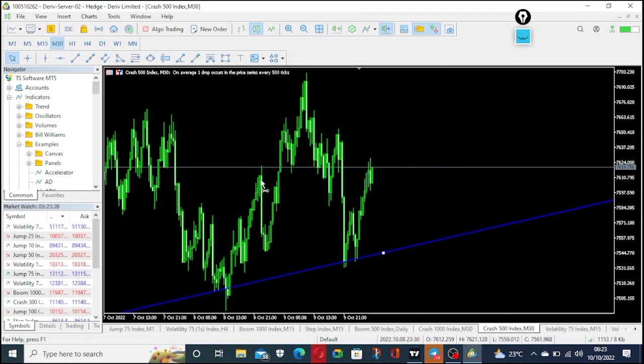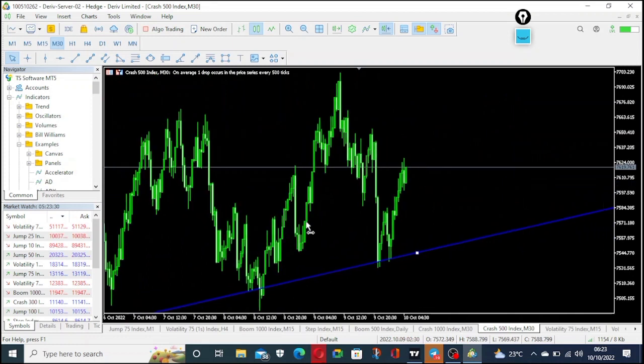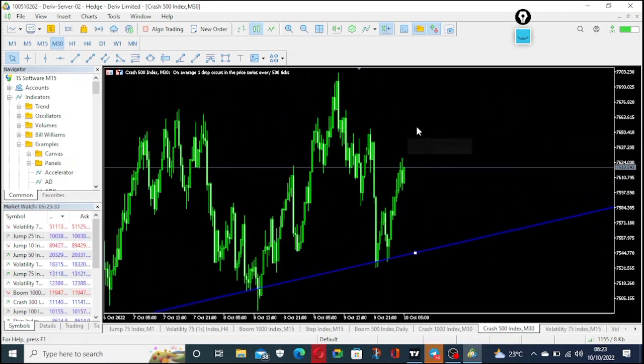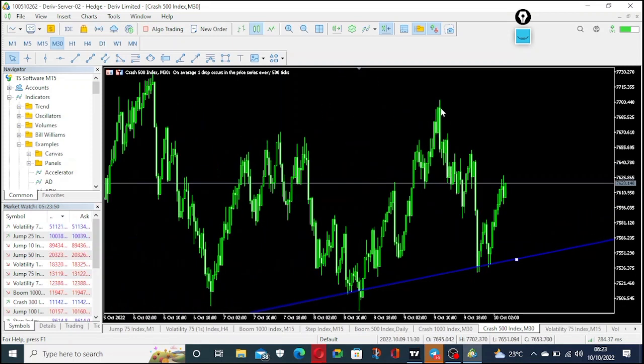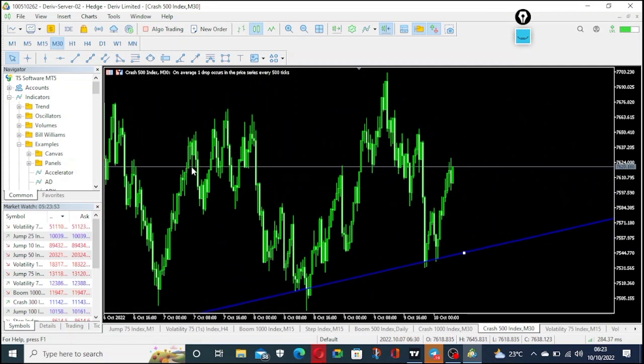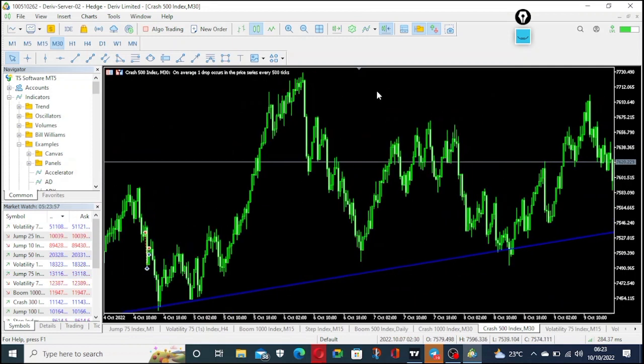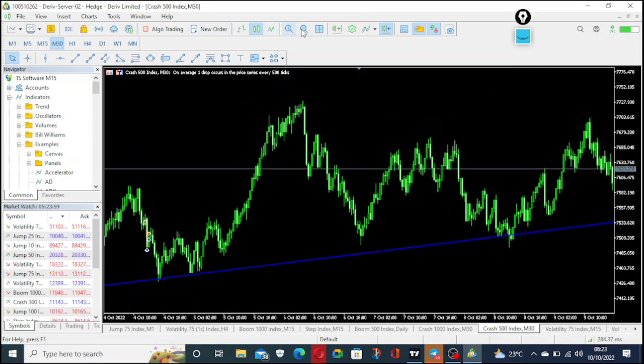So we still expect price to go up, although I'm expecting a reaction within this point, which it has started already. So when price comes here again, it's still going to drop down, it's going to spike, but ultimately we are going up, we are going higher to retest this.